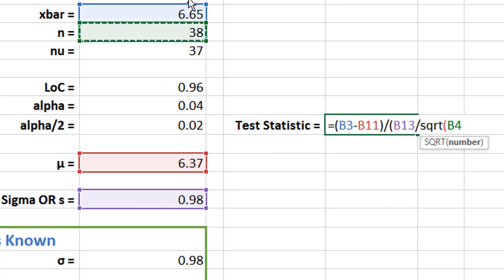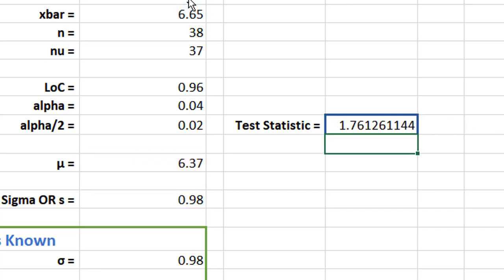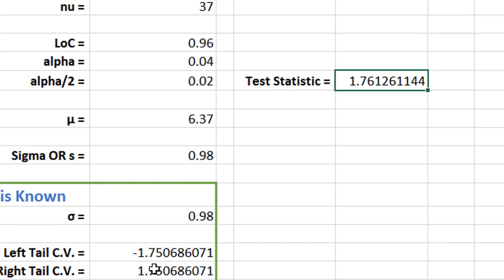We're going to close the parenthesis for the square root function and close the parenthesis for the denominator, press enter, and we get that result that I show right here of 1.76126.